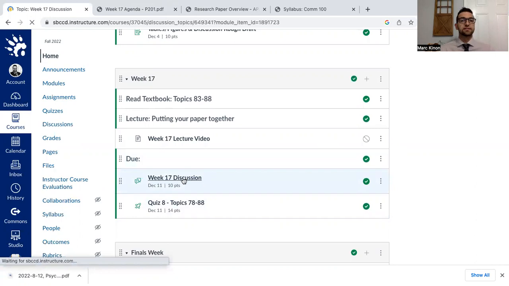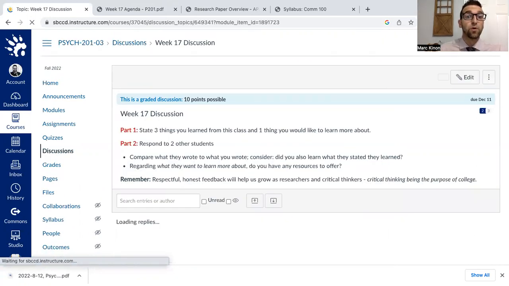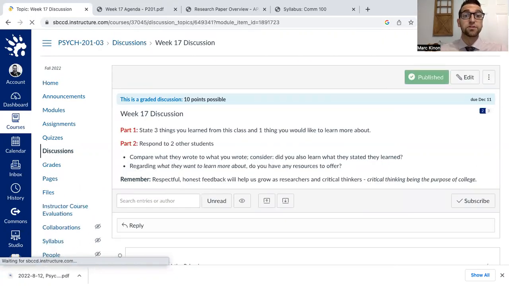So let's take a look at the discussion. Part 1, state 3 things you learned from this class and 1 thing you would like to learn more about. Okay. Part 2, respond to 2 other students. Compare what they wrote to what you wrote. Consider, did you also learn what they stated they learned? Regarding what they want to learn more about, do you have any resources to offer them?